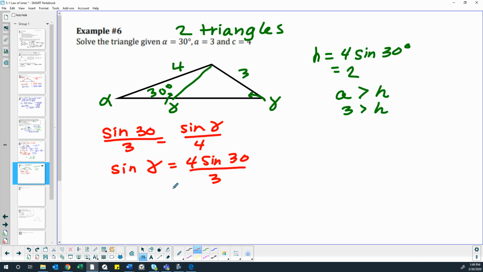So then we'll go ahead and solve that out. So that's half, so that would be 2/3. So then to find gamma, we would do the inverse sine of 2/3. Do a calculator for that. What do we get?